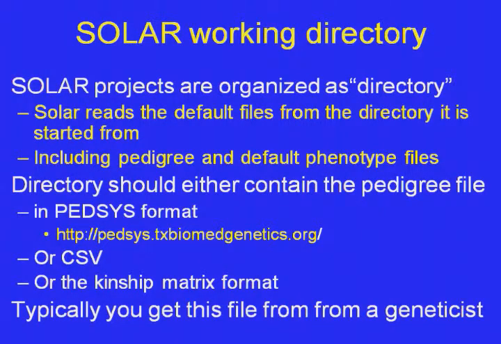So upon startup, Solar reads the default files from the directory it started from, and that includes both pedigree and default phenotype files. The directory should contain the pedigree file in either PEDSys format or CSV, and I think Laura went over it and explained how those are created.